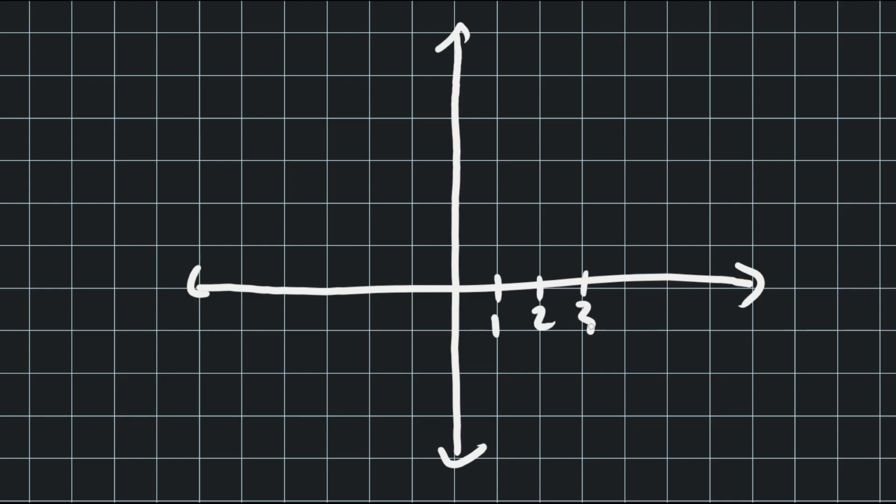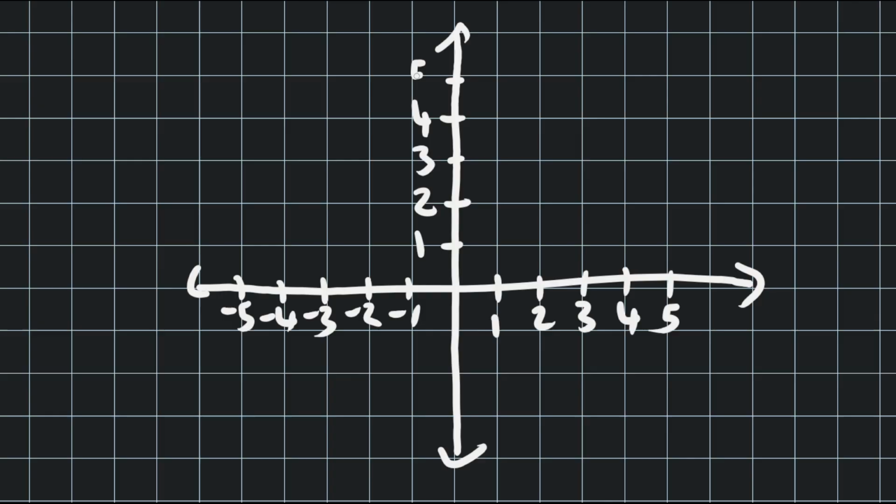One, two, three, four, 5. -1, -2, -3, -4, and -5. 1, 2, 3, 4, 5. -1, -2, -3.